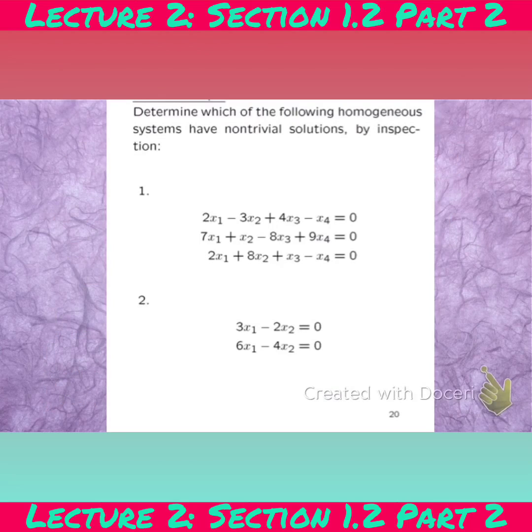Let's apply it to the following two examples. Determine which of the following homogeneous systems have non-trivial solutions by inspection. Here you've got a homogeneous linear system with 3 equations and 4 unknowns, so it's got more unknowns than equations.